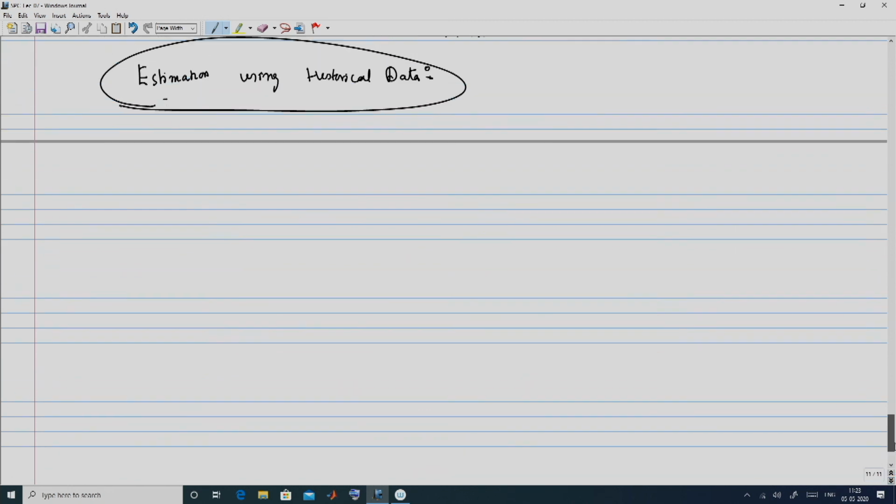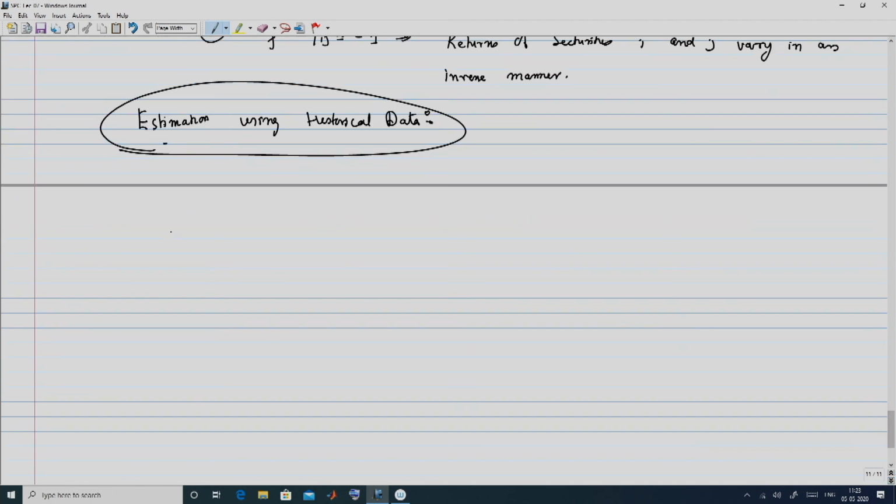By historical data I basically mean the stock prices or the asset price movements from the past, and you can view this as the closing prices at the end of each day, and the return is going to be given by the definition of the return that we had introduced earlier in the class, without the dividends being taken into account, and later on this can be expanded to take the dividends into account.